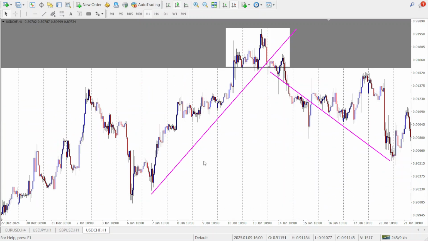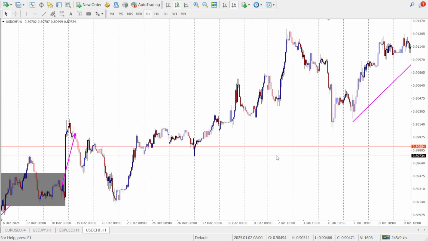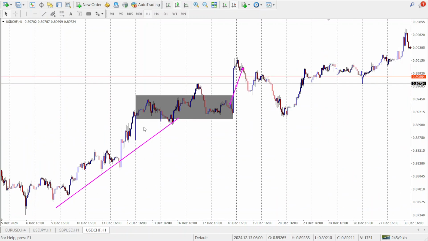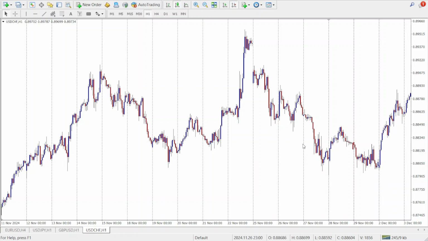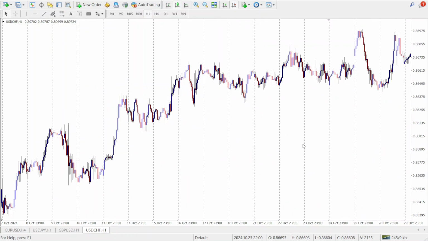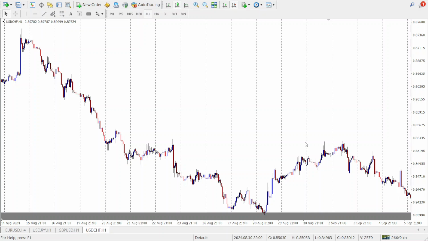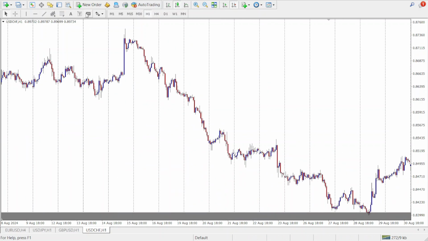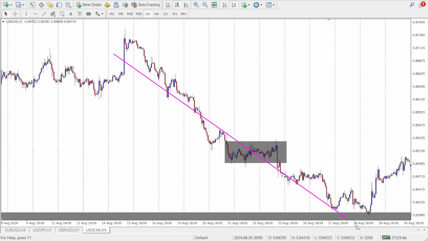Okay. It doesn't mean that you can't trade reversals, but if you want to trade in the direction of the trend, then you should be looking for demand zones in an uptrend and supply zones in a downtrend.